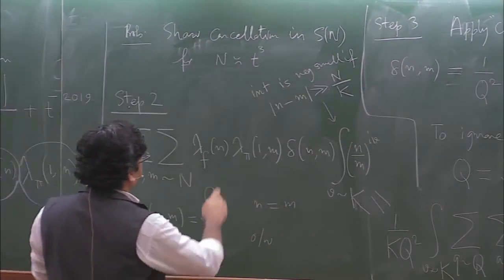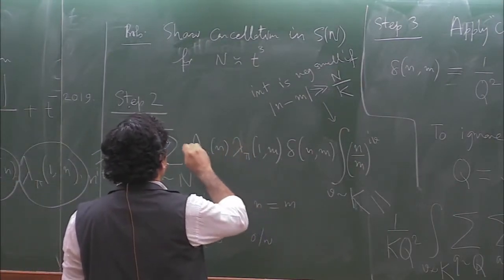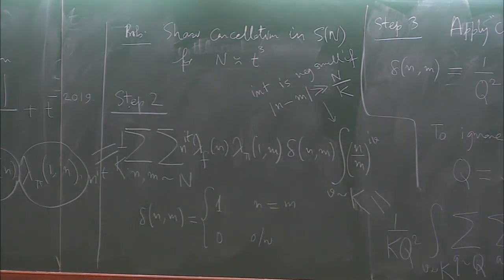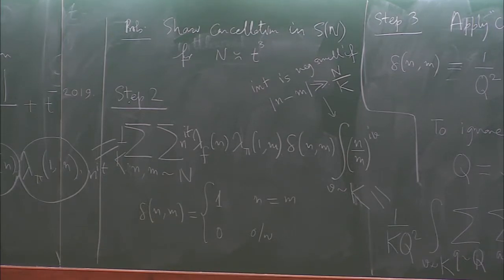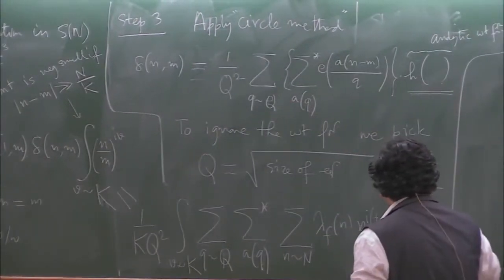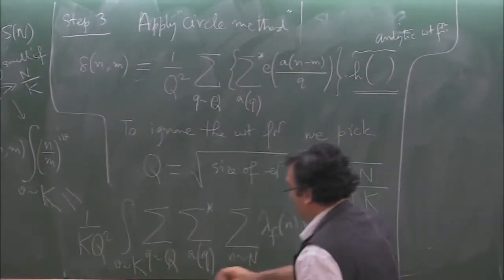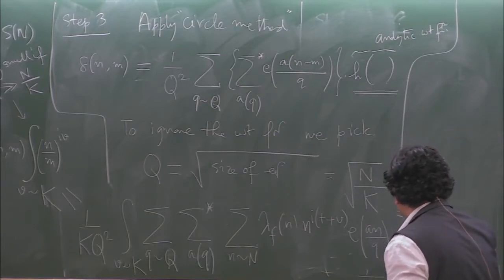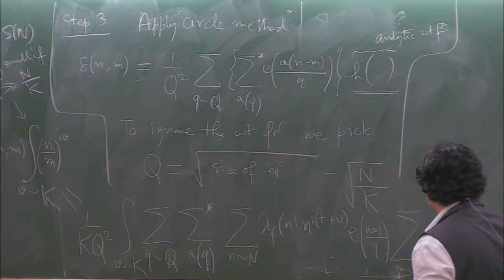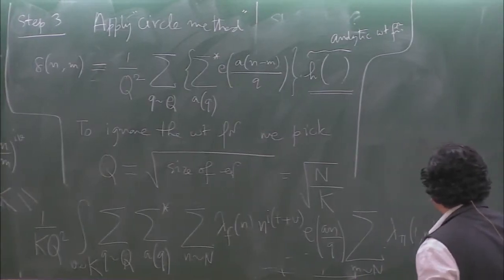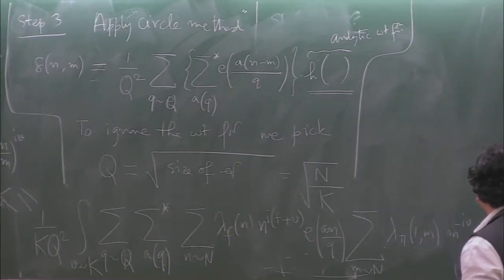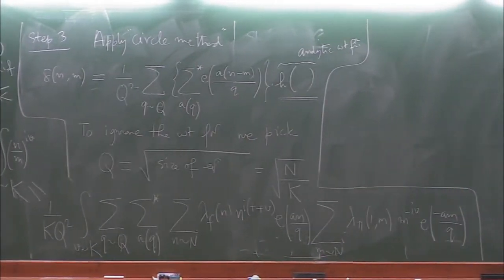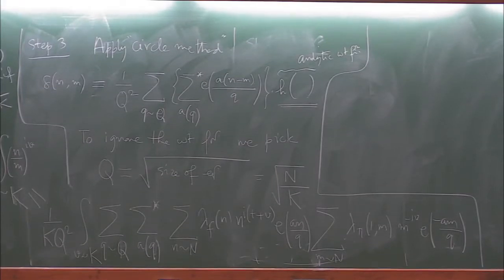And the n to the power it will be with this guy. All right, so we'll have an n to the power it over here. Sorry. So n to the power i t plus v, e of an by q, and then there is a sum over m of size N, lambda pi 1 m, m to the power minus iv, e to the power minus am over q. Okay, so that's what Sn is at the moment.